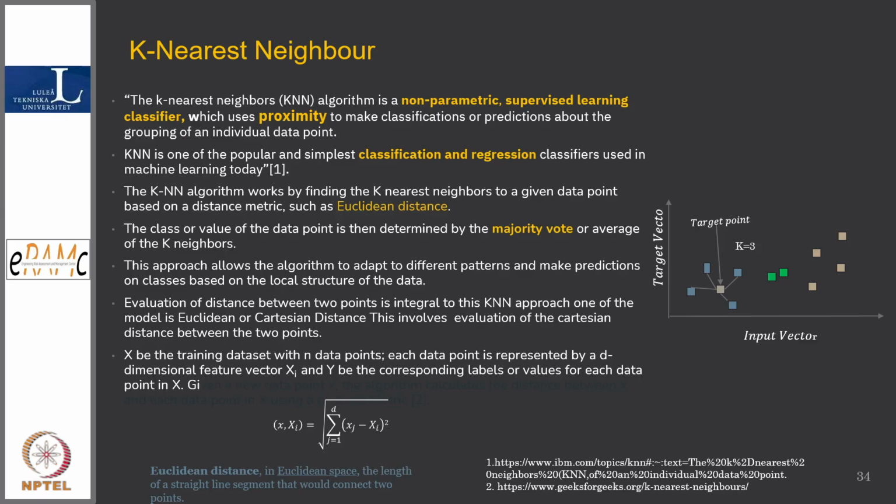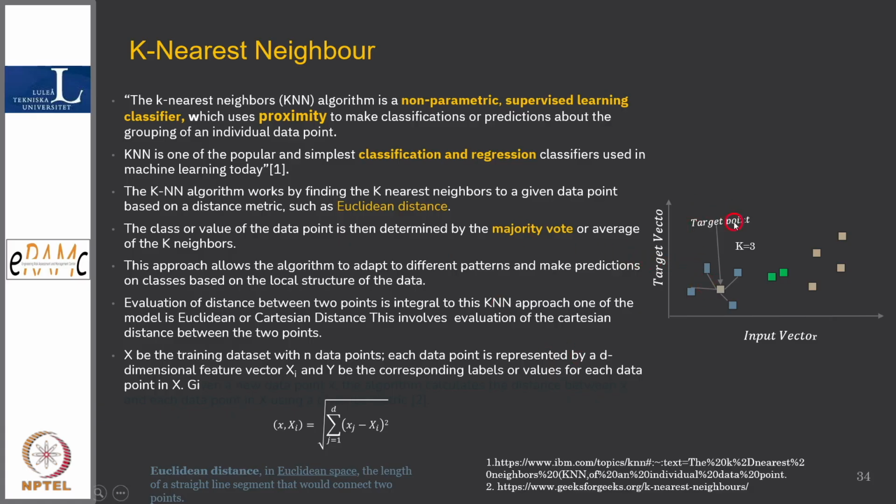And it is a supervised learning classifier. You have to give some hint to the data, these are the categories, and it uses proximity to make classification. Proximity means the distance between 2 points.